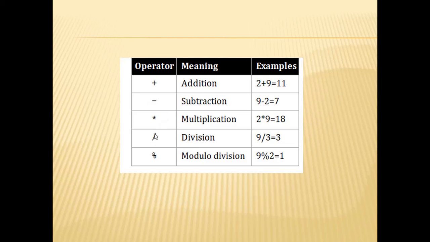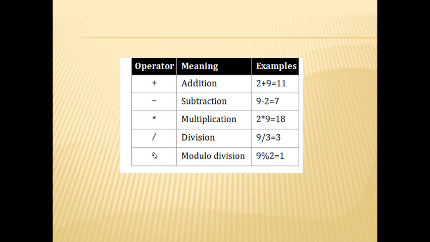The next operator is the division symbol. This is the division operator, and it gives the quotient value. Whenever you perform 9 by 3, we get the quotient value 3. Division gives quotient, whereas modulo gives remainder.